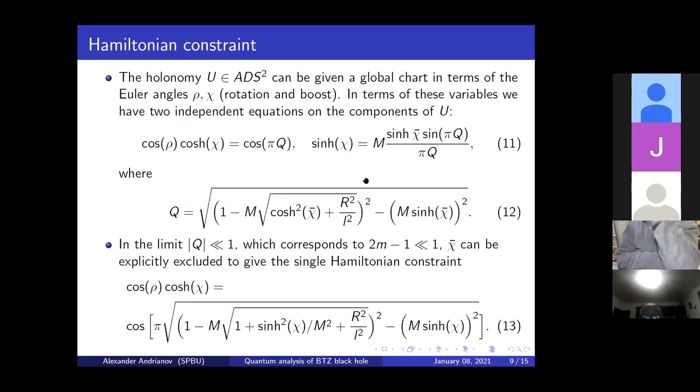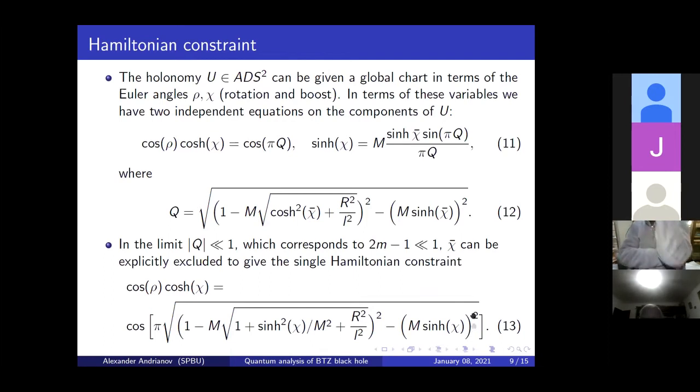And this holonomy can be given a global charge in terms of Euler angles. And this is what we have. In the limit of Q much less than 1, this is what we consider. It is close to the horizon. One of the variables, chi bar, can be excluded.